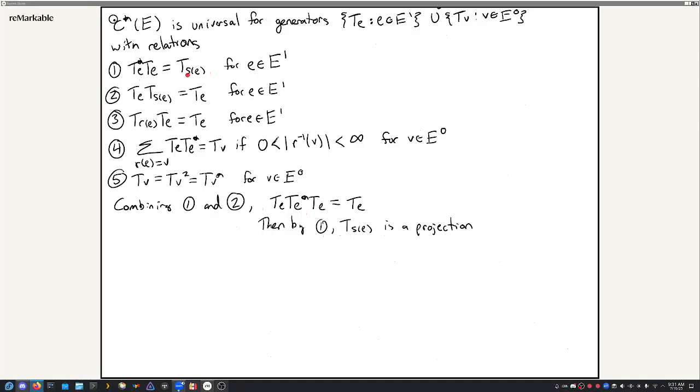T sub the source of E is the source projection for T sub E. Moreover, relation 3 implies that the range projection for the partial isometry is contained in the projection T sub range of E.